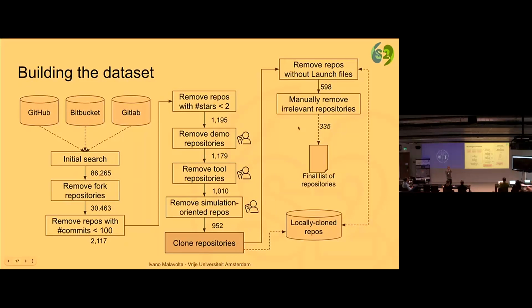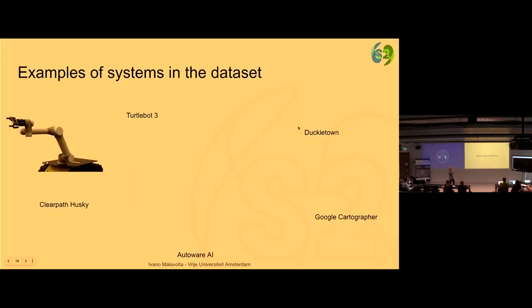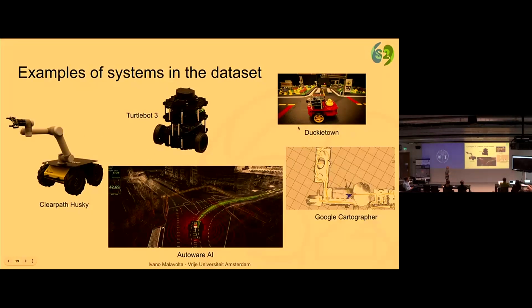You need to show the whole trail of the activities that you did for achieving those results. And the second thing that you need to remember is that we came up with 335 repositories containing real ROS-based systems. This is it.